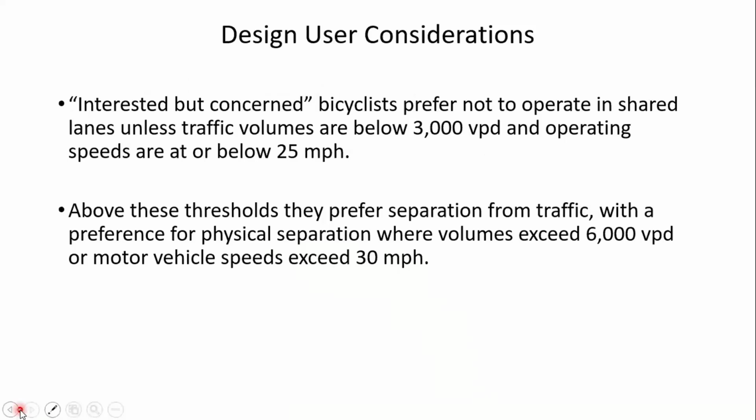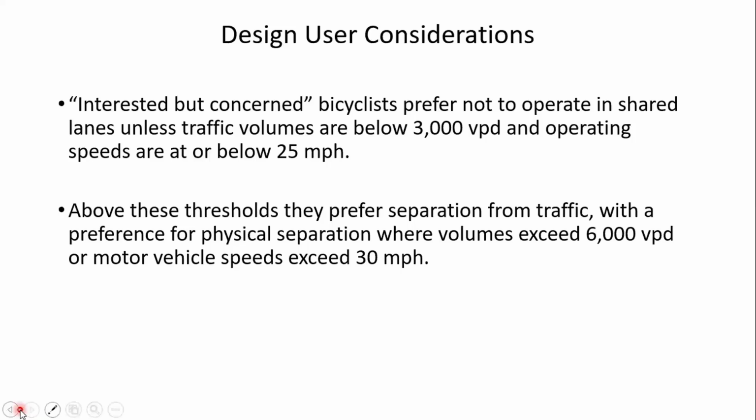Some research shows that the interested but concerned bicyclist category, if you remember that from day one of our discussion, prefer not to operate in shared lanes unless traffic volumes are below about 3,000 vehicles per day and the operating speeds are at or below 25 miles per hour.